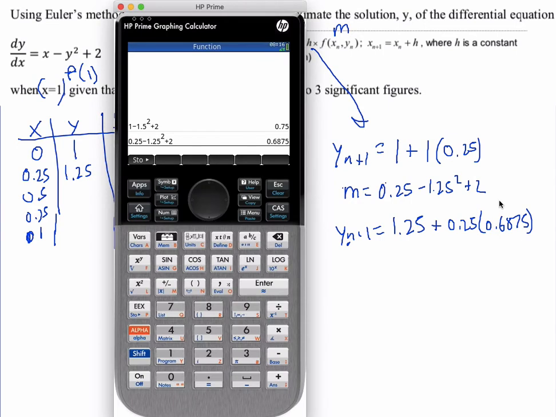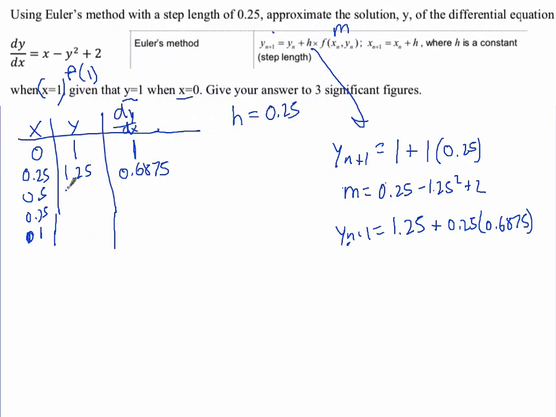So let's do that. We do 1.25 plus 0.25 times, and you can go up and copy your answer from before. And we got 1.421875. I'll just write 1.42 down in the table.